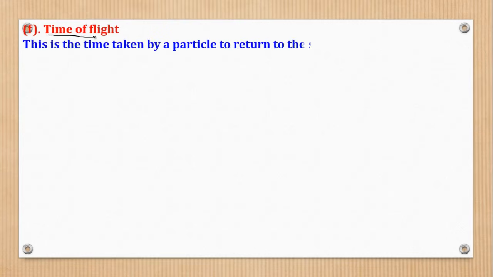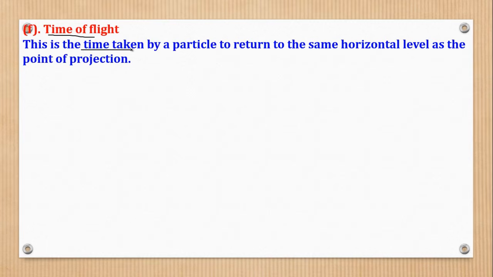Then you have another term called time of flight. This is the time taken by a particle to return to the same horizontal level as the point of projection. So if this is the horizontal, it was from here, it goes up to this point.